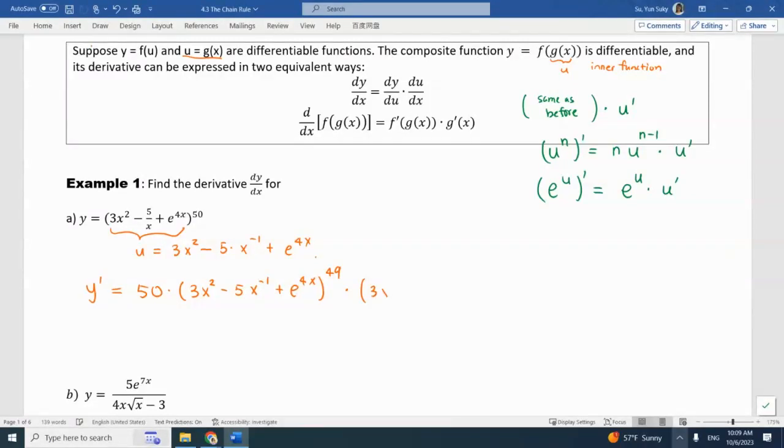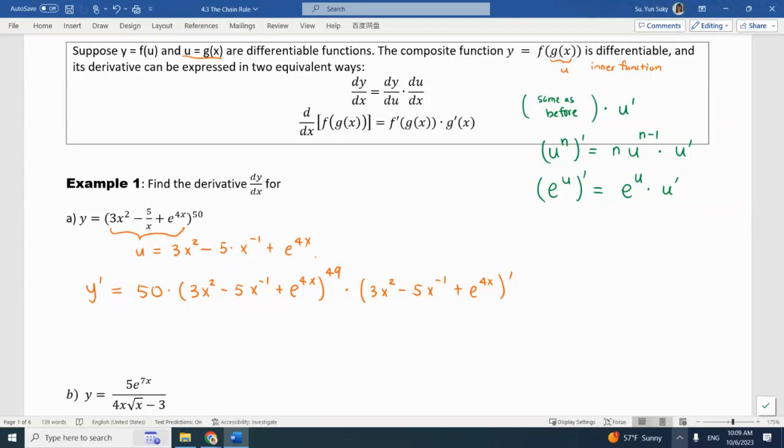Your u is 3x squared minus 5x to the negative 1 plus e to the 4x, prime. Okay? So even though you say u, you don't write down the letter u, you write down exactly what the u is.